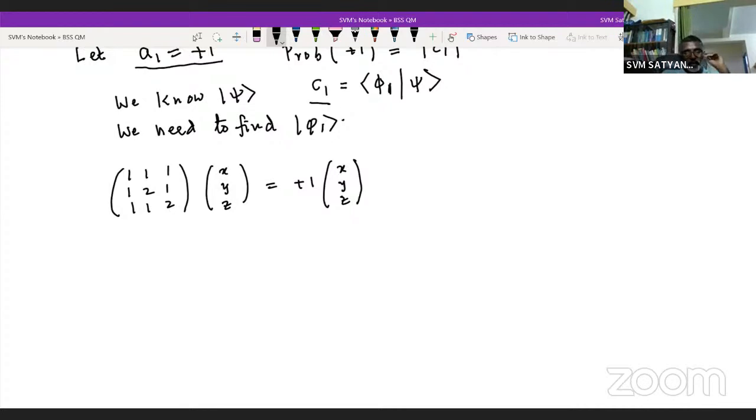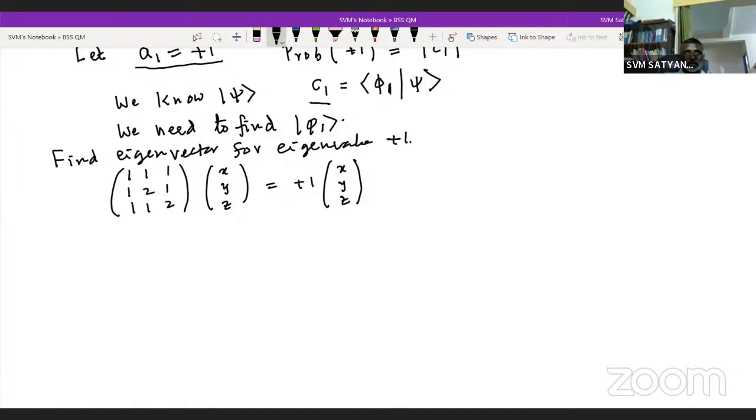That's all. Is that correct? So what I am doing, I am finding the eigenvector for eigenvalue plus 1. That is what I am doing here.